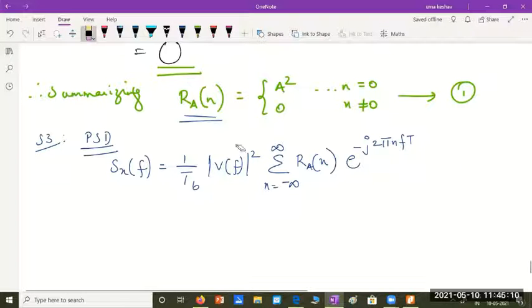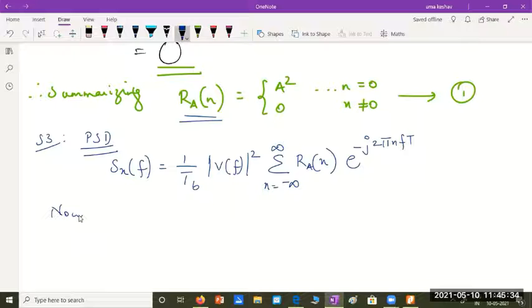If it was not discrete or binary, if it was continuous, then you should change the summation to integration and you should include df. Anyway, this is our expression to find the power spectral density. Okay.